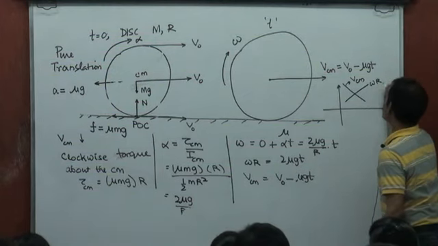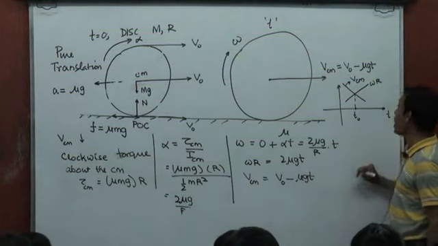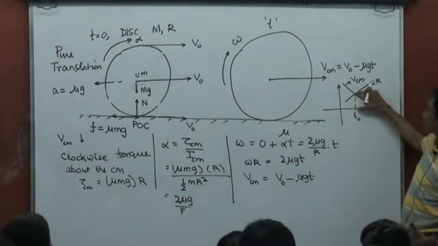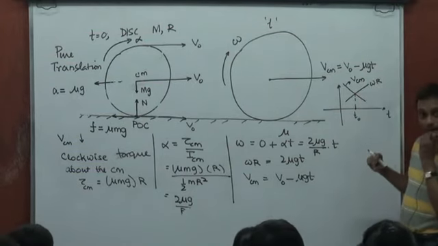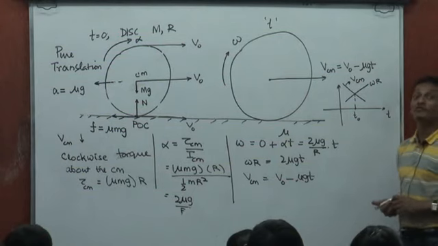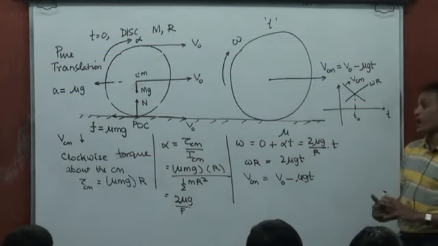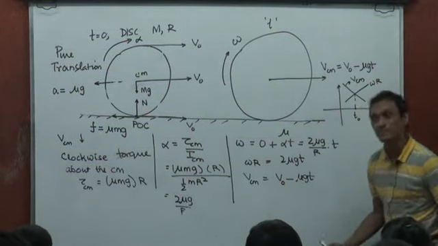And do you realize that at some instant of time t naught, VCM becomes equal to omega r? At some instant of time t naught, VCM becomes equal to r omega. Yes or no? And if VCM becomes equal to r omega, rolling would have commenced.